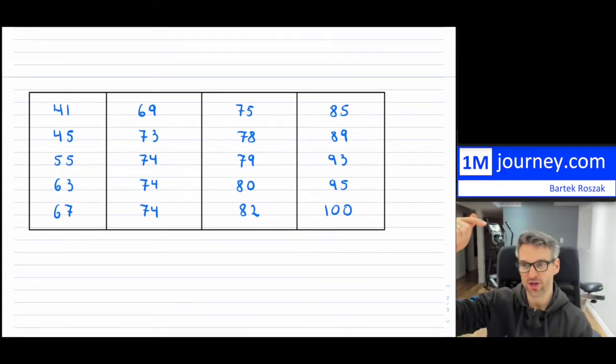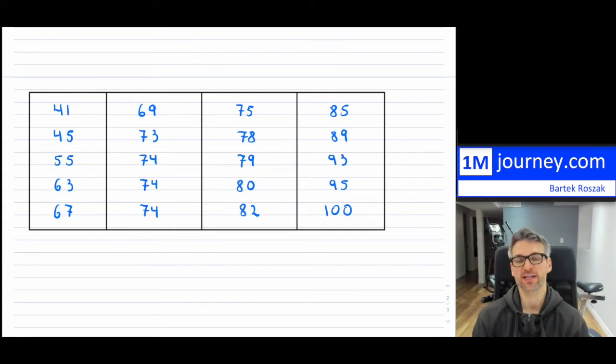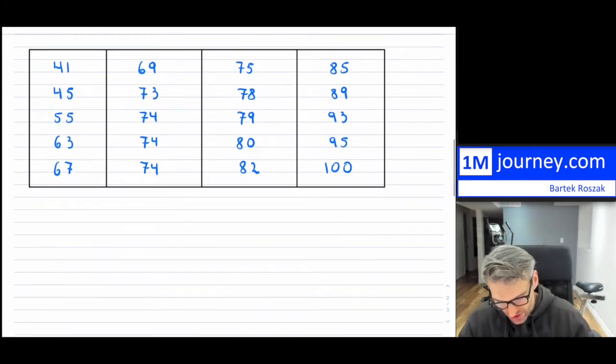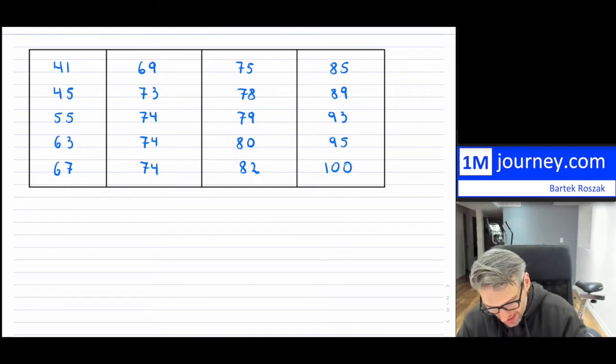So notice each column, it's going 41, 45, 55, and it continues up and down until we get to our largest sample point. Now, once I have this, calculating deviation is actually very simple, and deviation is referring to only a single data point. So that's interesting. And how do we calculate the deviation?